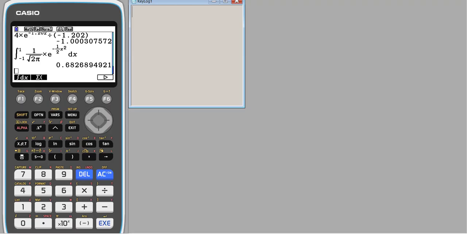If I go to my calculator and I'll just exit a couple of times to get back to the main menu, or I'm in the run matrix screen. I go option, statistics, distribution, normal distribution. I want a cumulative, and I want my cumulative to be 0.7 as my lower bound, comma.